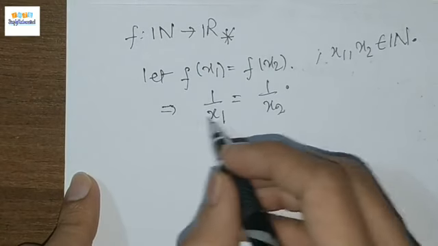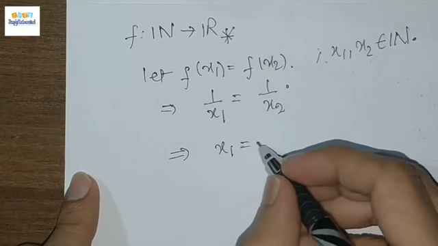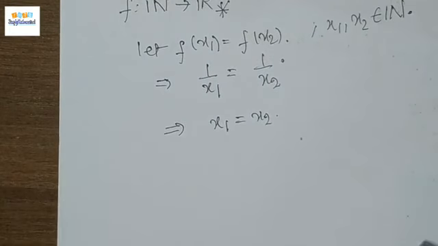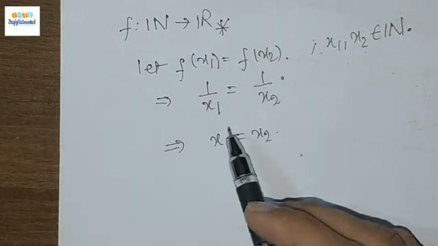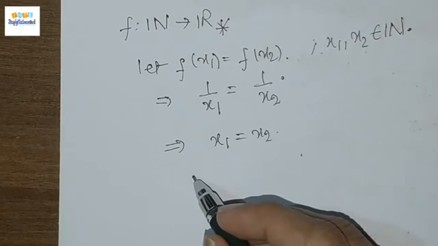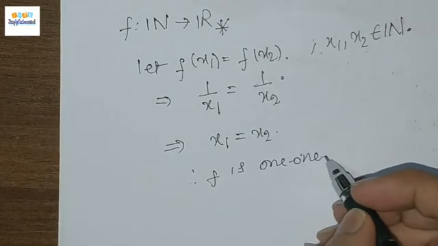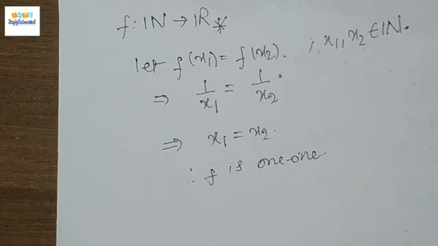If you take the reciprocal, you will get x1 is equal to x2. So if f(x1) is equal to f(x2), you are getting x1 equal to x2. Therefore f is 1-1, there is no problem here.